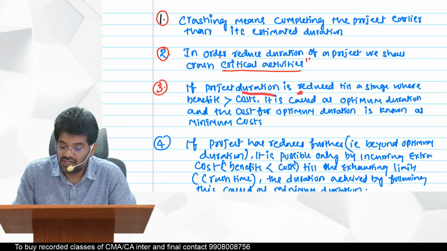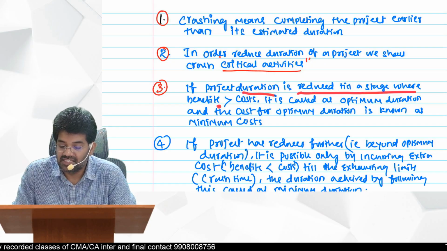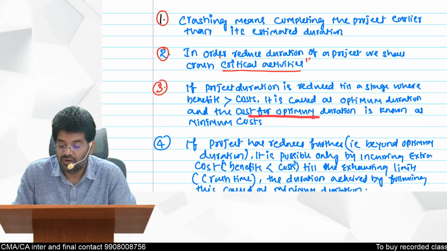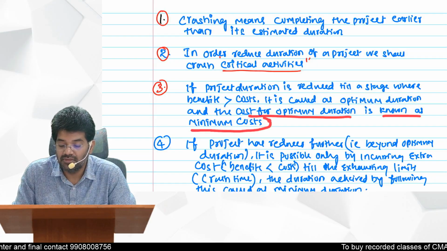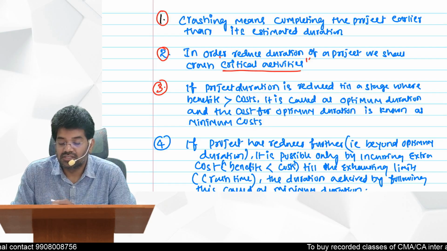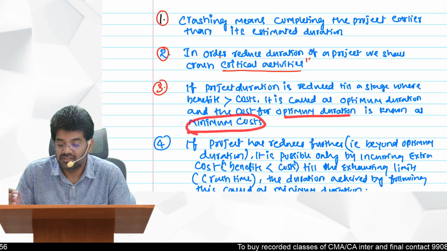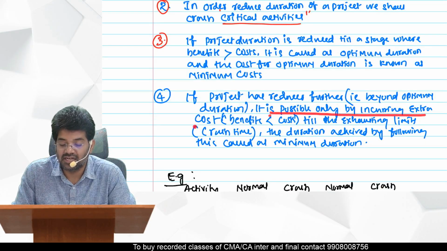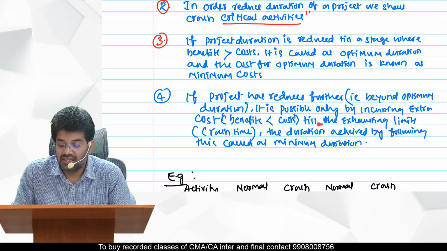If project duration is reduced till a stage where benefits are greater than cost, it is called the optimum duration, and the cost for optimum duration is known as minimum cost. So optimum duration cost is called minimum cost. If the project is reduced further beyond optimum duration, it is possible only by incurring extra cost till the exhausting limits. Till the crash time is achieved.